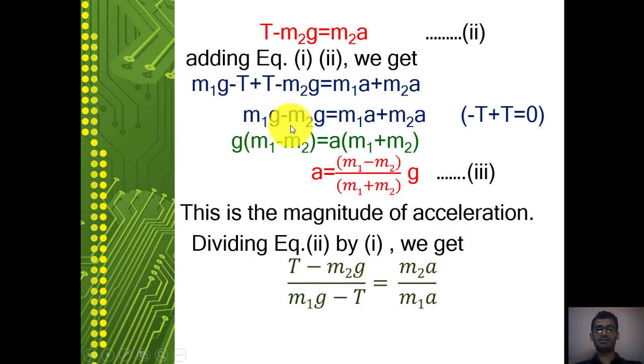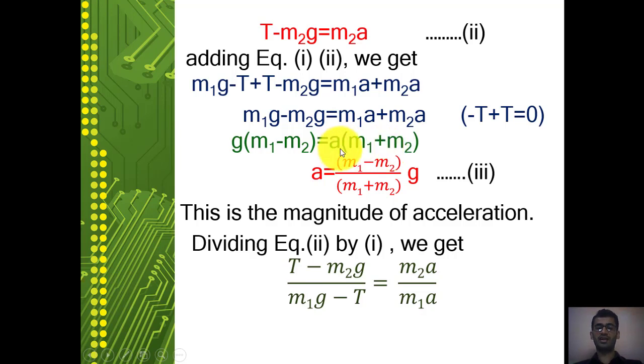Here we can see that minus T plus T cancels and comes out to be 0. So we are left with m1g minus m2g is equal to m1a plus m2a. Taking g common gives us g into m1 minus m2 is equal to, taking a common from this side of the equation, a multiplied by m1 plus m2.